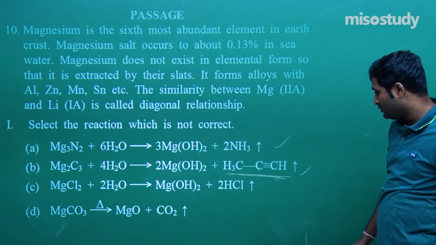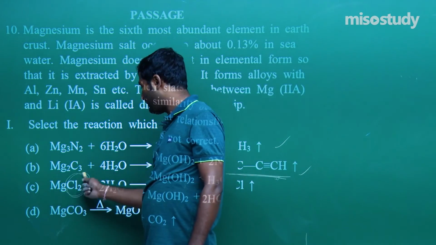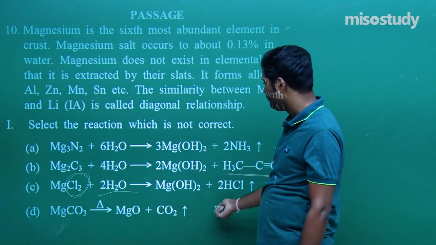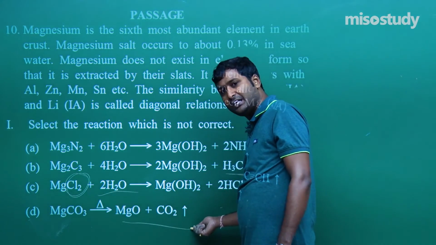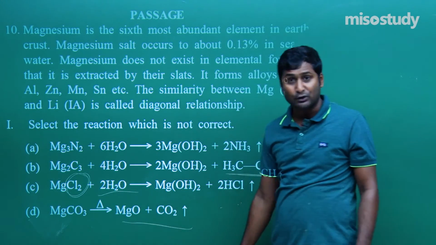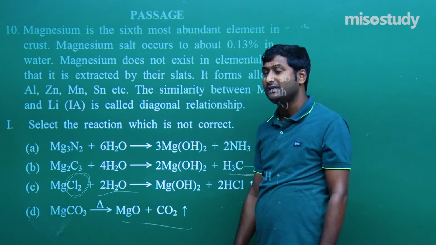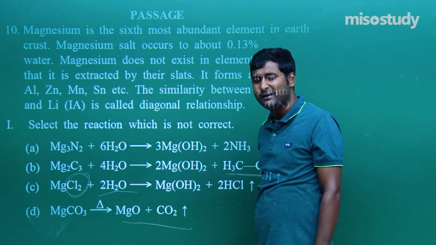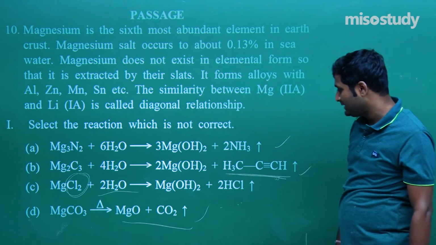But MgCl2 is not possible. Cl minus ions are not hydrolyzed by H2O. And we know decomposition is possible: BeCO3 and MgCO3 decompose below 900 degrees Celsius, because CaCO3 has a decomposition temperature of 900. So MgCO3 after decomposition gives you MgO and CO2.